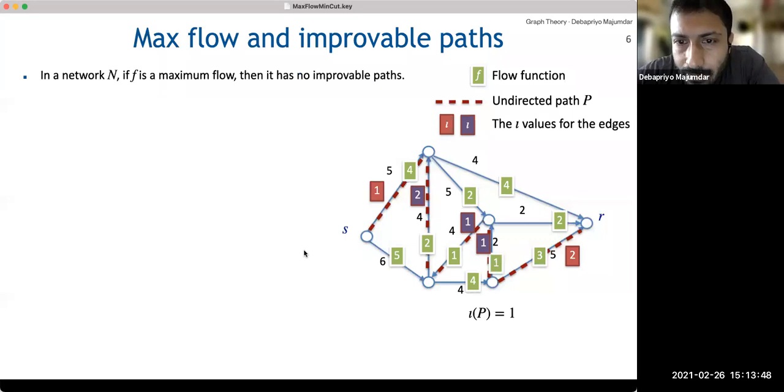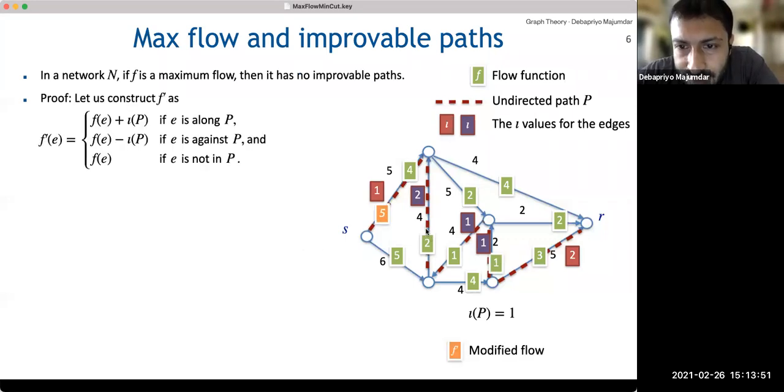So this is 5, and this one, the flow is already 2, but the intuition is, if you want to do better on this path, then reduce the flow here. That's not helping, right? So we'll decrease it by the whole improvability of the path. The whole improvability of the path is 1, so we'll decrease it by 1. So the modified flow here will be 1.